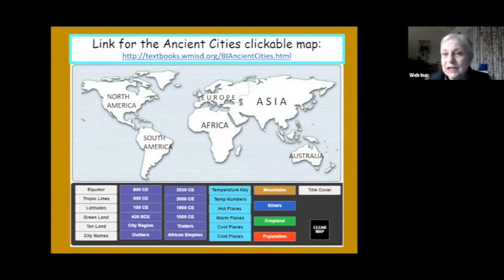This is what you see when you first click on the Ancient Cities Clickable Map. I have added the continent names here because that's one of the things we like to make sure that students know at the beginning of 6th grade.